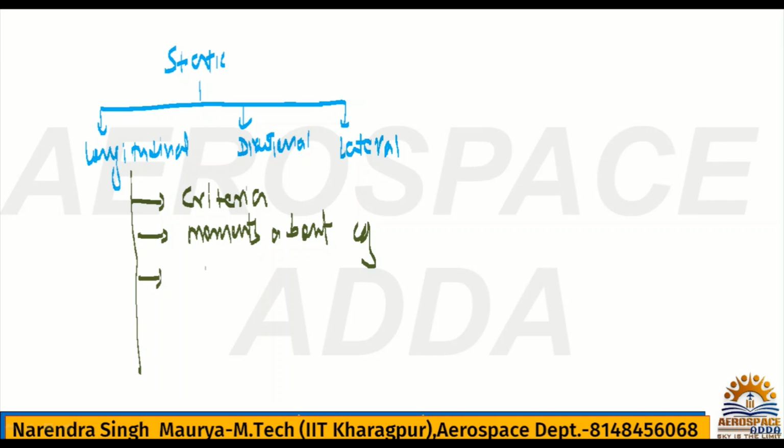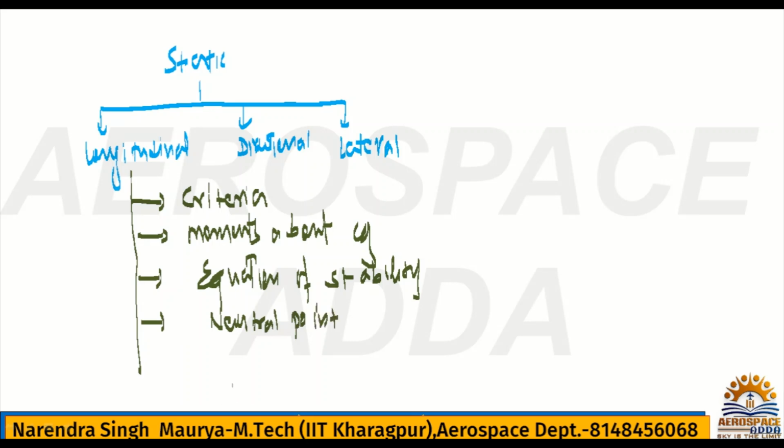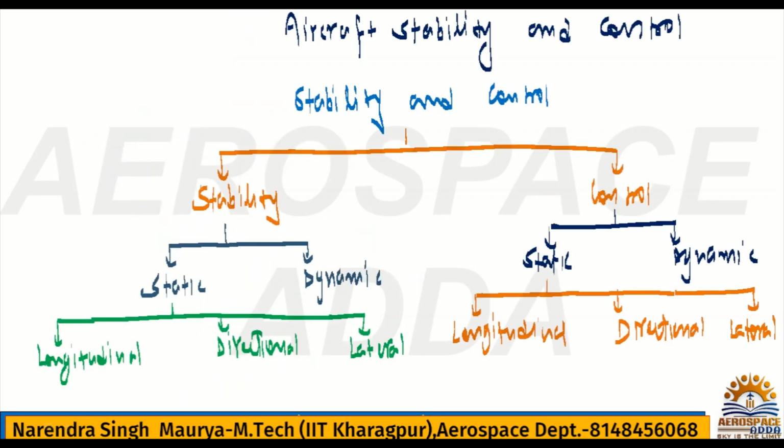Third is the equation of stability and neutral point, then static margin. This is all about stability.